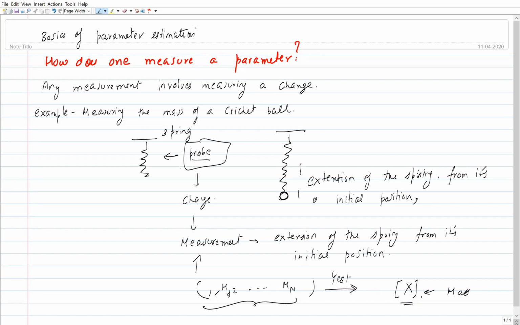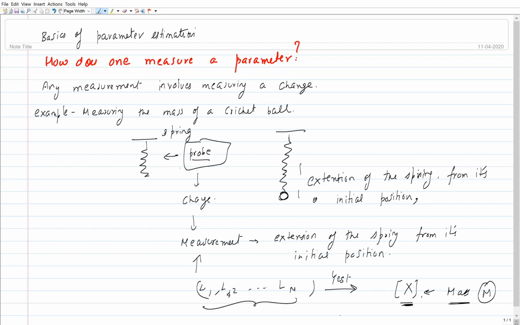So let me label these as L1, L2, L3, because this is what my actual data look like. L stands for length of the spring, and that estimate gives me an estimate of the mass m of the object.